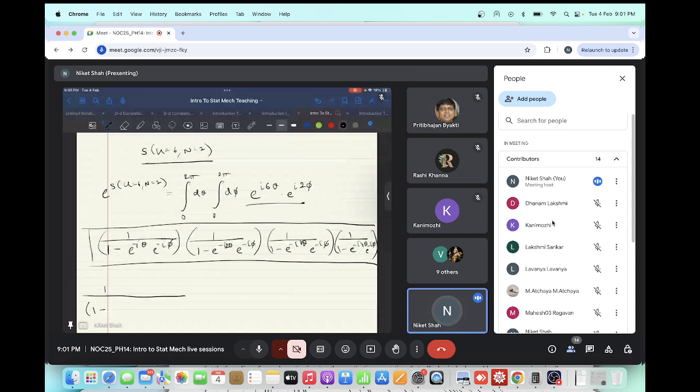That's my first term, multiplied by the second term, which is 1 divided by 1 minus, and then e raised to power minus 4 i theta, e raised to power i phi, plus e raised to power minus 7 i theta, e raised to power minus 2 i phi.